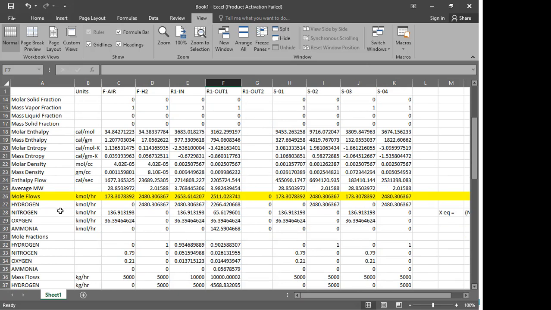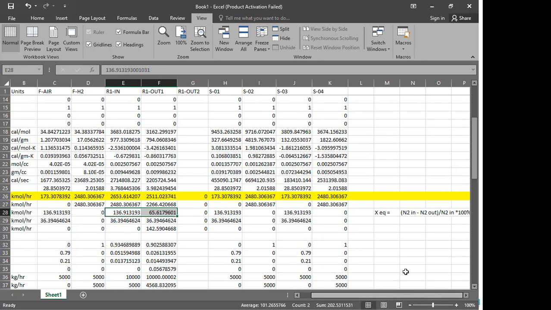Okay, it's okay. This one, so the nitrogen inlet is this one, and the nitrogen outlet is this one, divided by the nitrogen inlet and times 100.